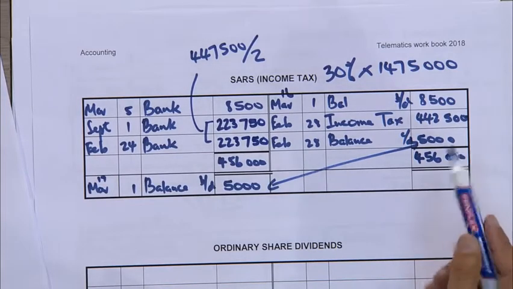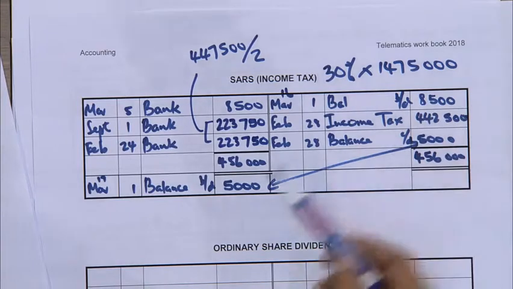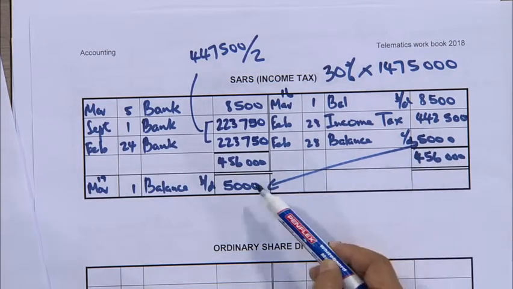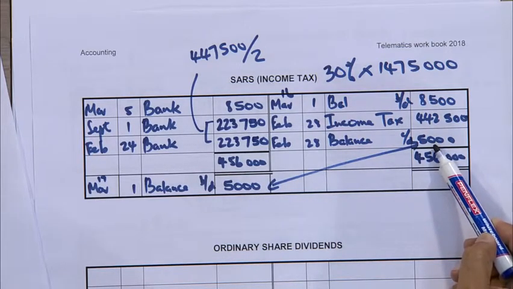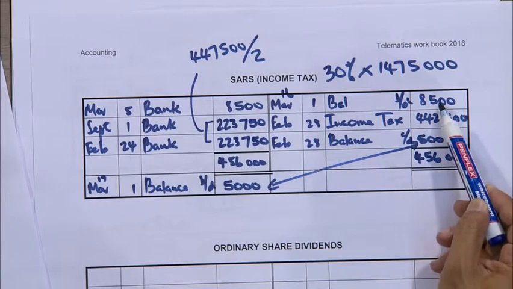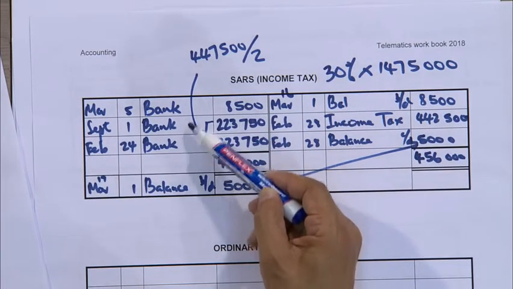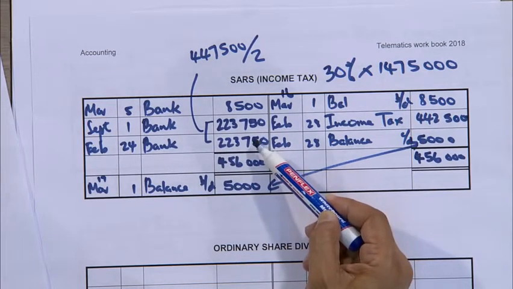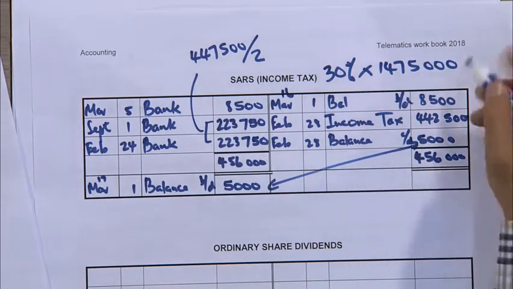Let's just go again quickly. They gave me the opening balance and the closing balance. So I'll work backwards. If it's on the debit side, then obviously it's from the credit side, the carry down. Then it says that SARS was paid the amount due that they owed from last year, and they made 2 provisional payments, but they never gave the amount. Then it says that the income tax is 30% of the net profit.